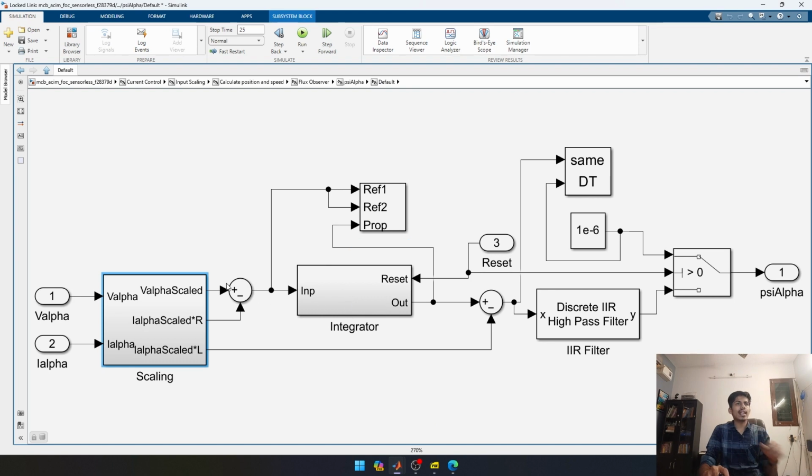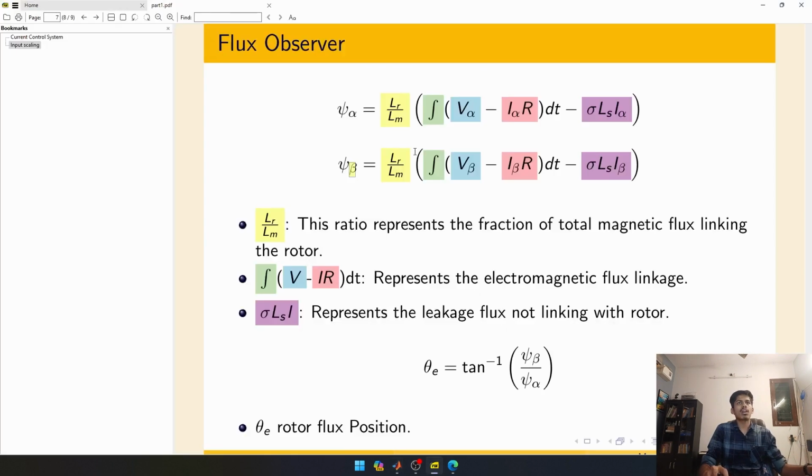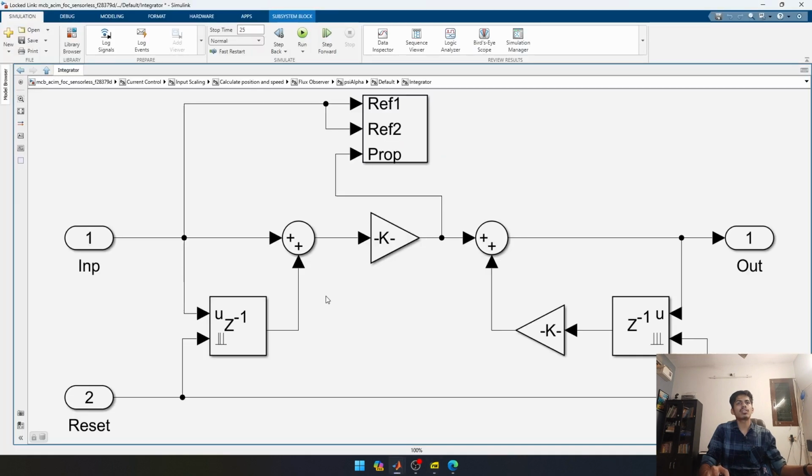Then we are integrating the V alpha minus I R. This is getting integrated; the previous value is getting cumulatively added, which is nothing but integration.